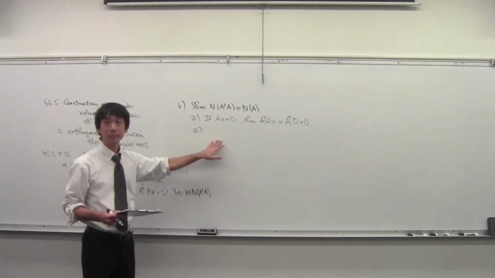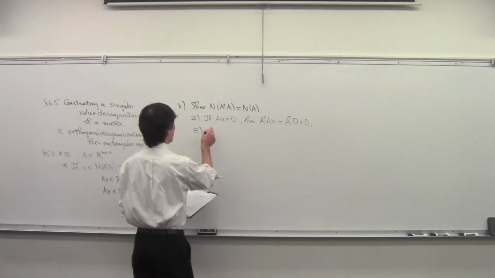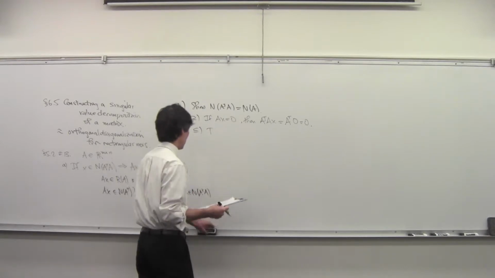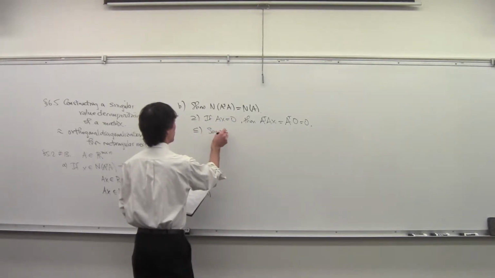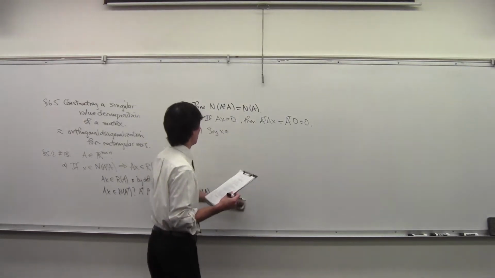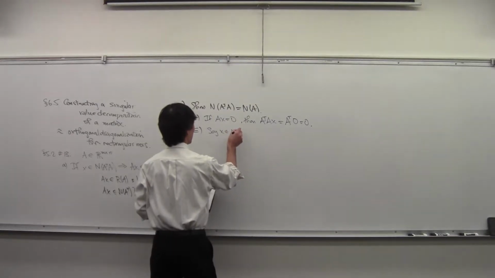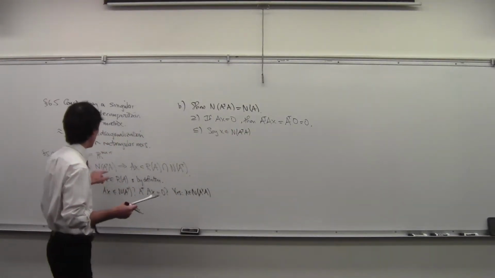Okay. Now let's do the other direction. Suppose that X is in the null space of ATA. Let's not say anything meaningless today. Say X is in the null space of ATA.